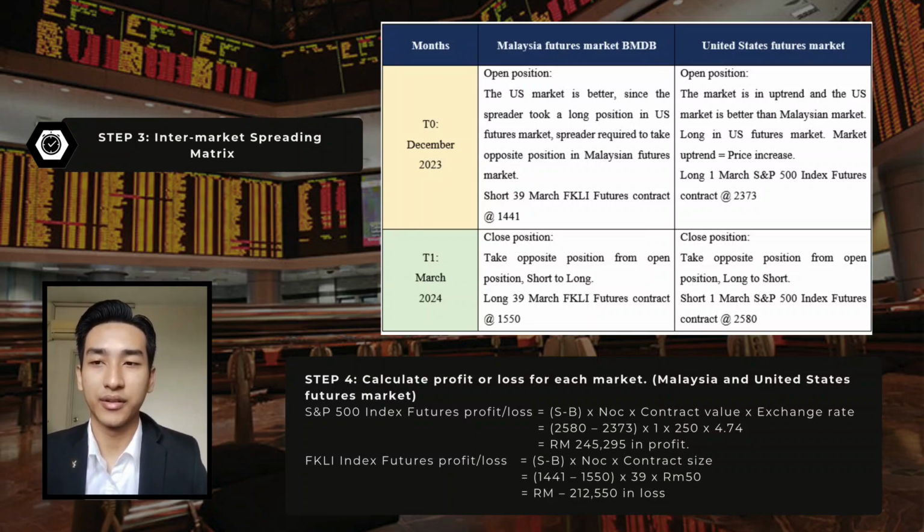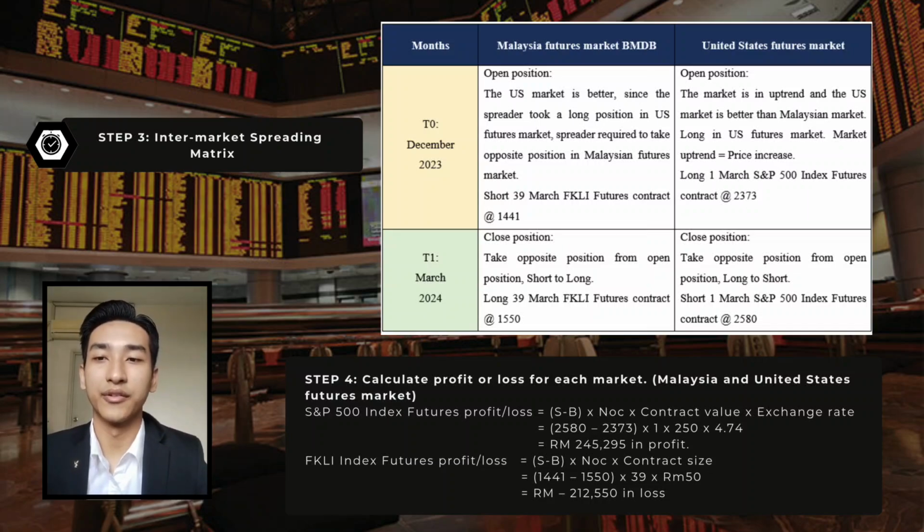Alright, step 4 is to calculate the profit and loss of each market. So for the S&P futures, let's calculate the profit or loss in each market. First I start with the S&P 500 index futures market: selling minus buying times number of contracts times contract value times exchange rate.